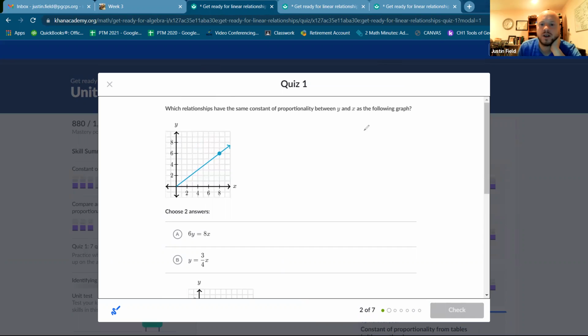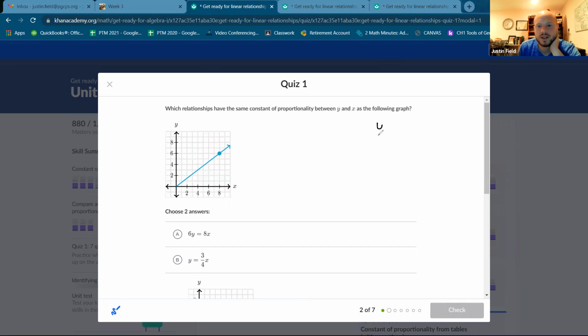Okay, so the constant of proportionality is the coefficient of x when the y-intercept is 0. So in 8th grade, you learned that y equals mx plus b. That's slope-intercept form. But this is a specific case of slope-intercept form when b equals 0.